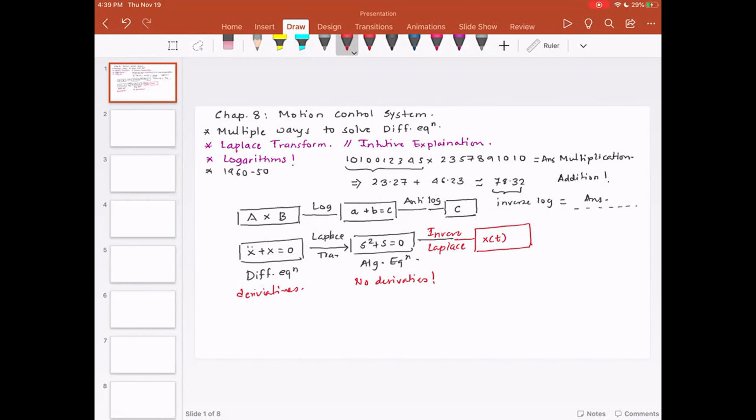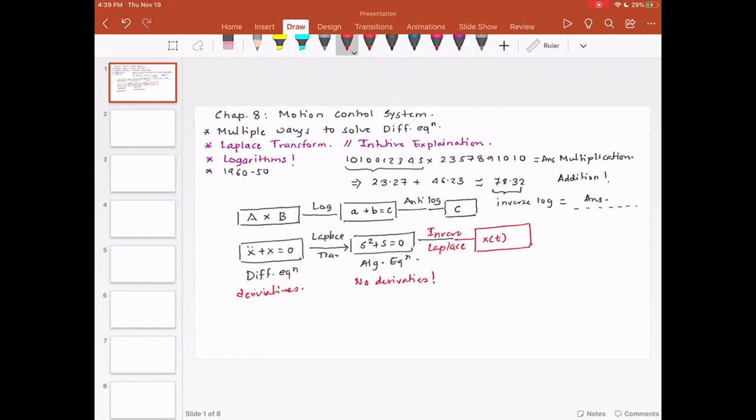This is the fundamental advantage of Laplace transform. Just like logarithms, which are used to simplify the multiplication operation, a multiplication operation gets converted to a simple addition operation.